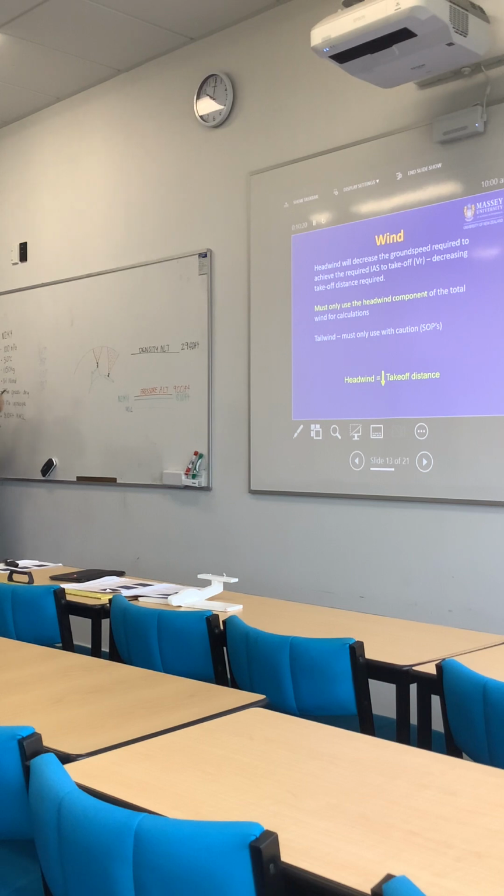If it's 30 degrees, the headwind is 85%. If it's 45 degrees, 70% of the total wind is headwind. 60 degrees, that's 50%. 90 degrees, nothing. I like to memorise that one because then I don't have to bother with the graph. Helpful, just as the crosswind one is useful.